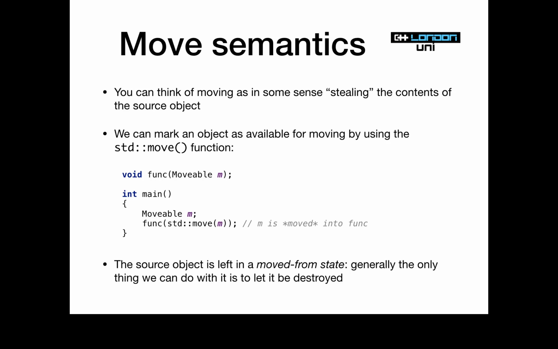But you don't really have to know too much about R-value references, movable references, in order to grasp the idea of what moving does and how this standard move works. What it'll do is move that object and leave this M in here. If there was further code down here, we wouldn't be able to use this M because we've just moved from it. We've removed its internal contents.